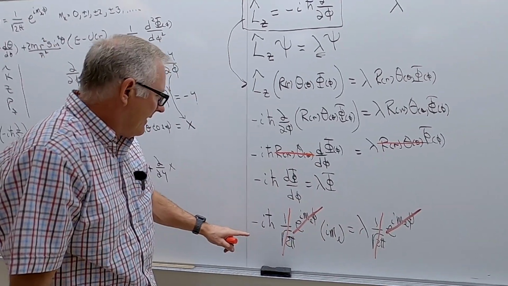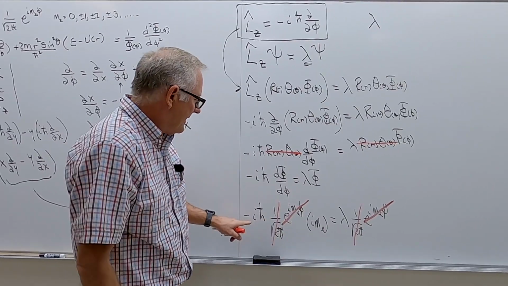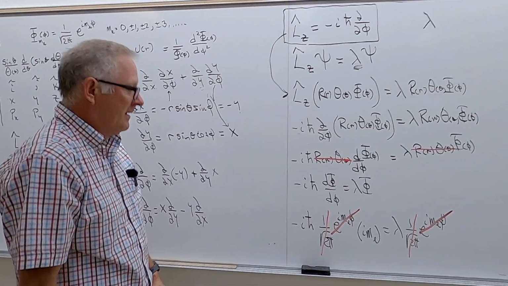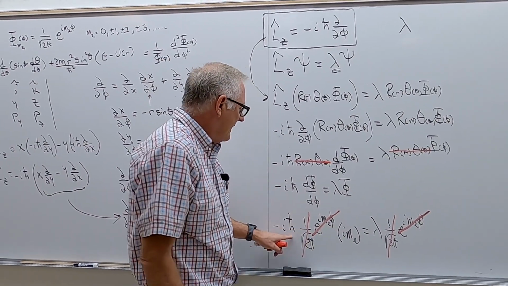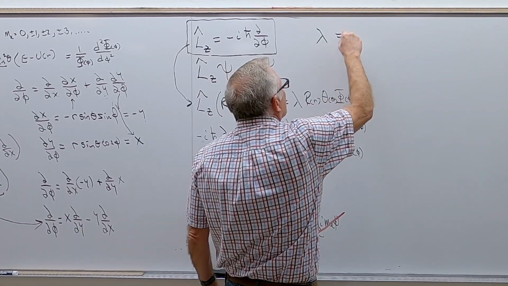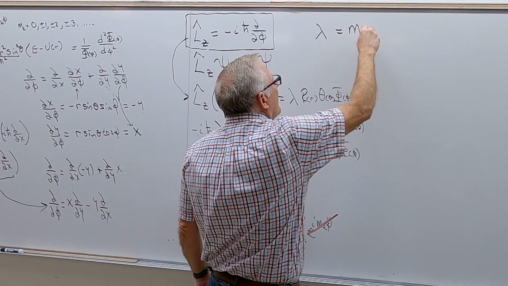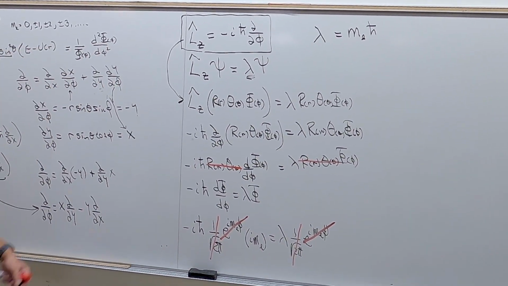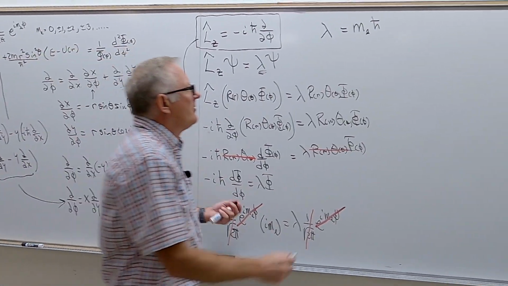I have a minus i times an i, that just gives me 1, and I get an m sub l h bar. So that must be the values of L sub z.